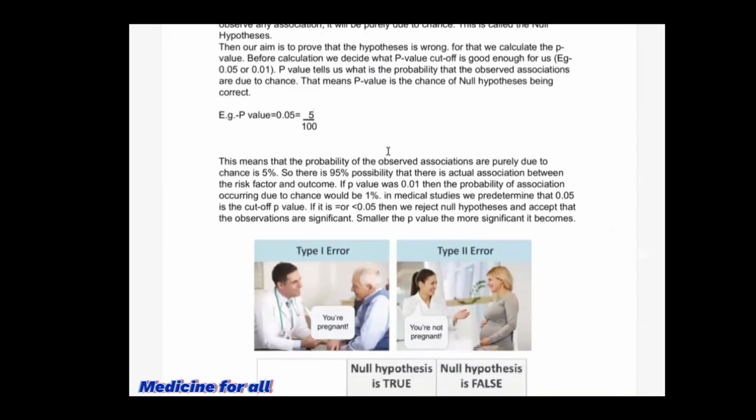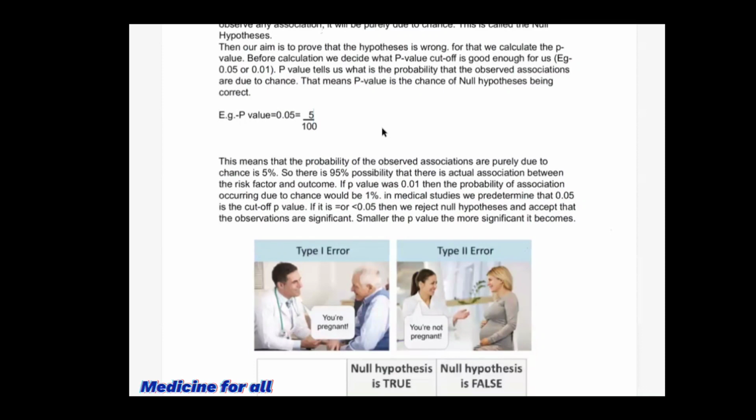Now, if your p-value is 0.05, that means the probability of whatever observed association being due to chance is 5%. So whatever connection or association that you saw being due to chance is 5%. The remaining 95% is not chance.